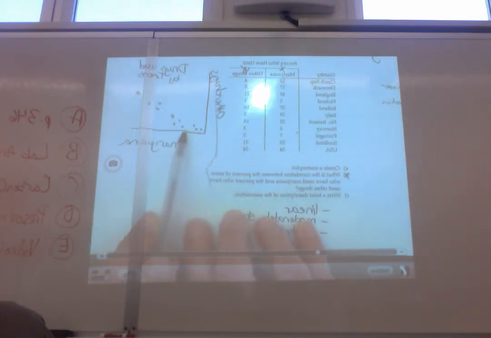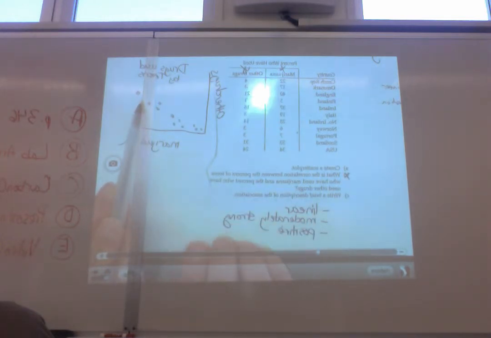What's this axis? Other drugs. So as marijuana use goes up, what else is going up? Use of other drugs is going up.